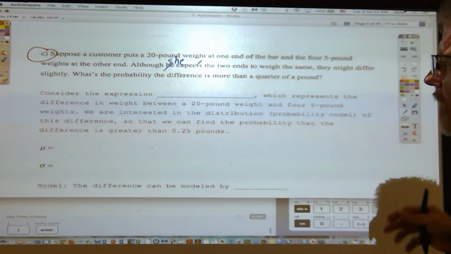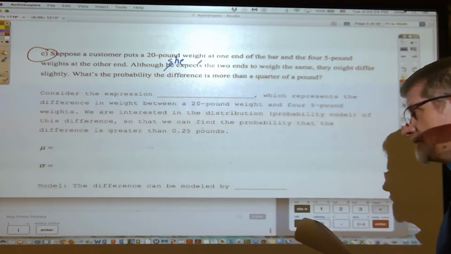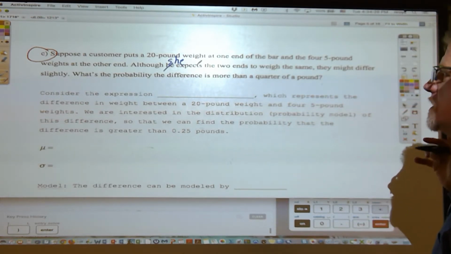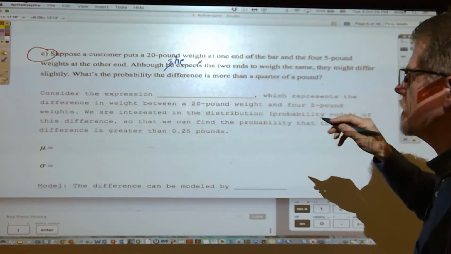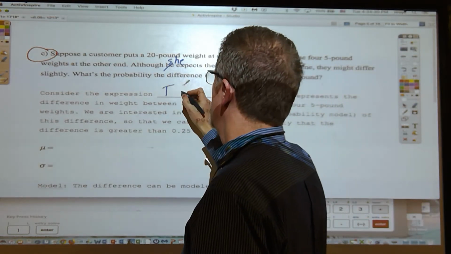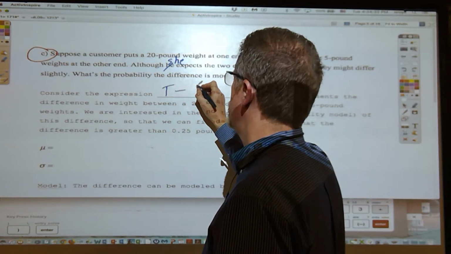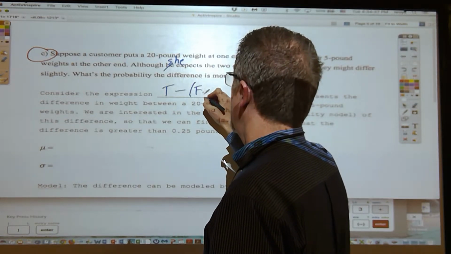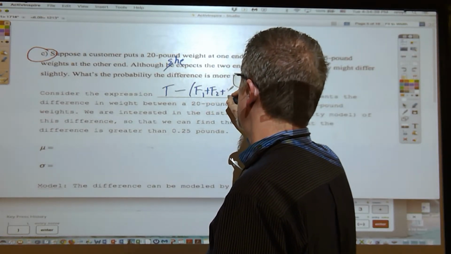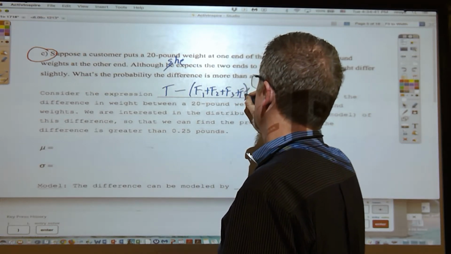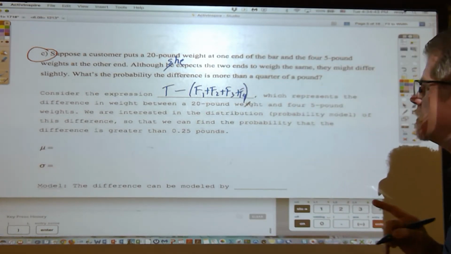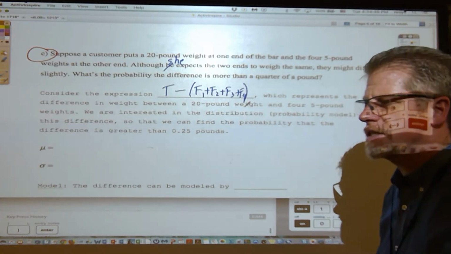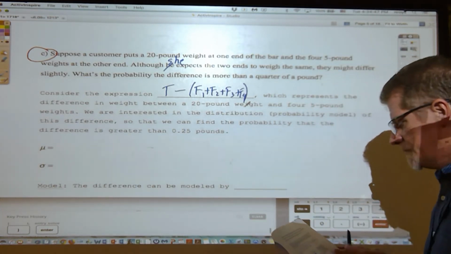So 4 on one side, and what's the difference between them? A 20-pound weight on one side, and then what's the difference between a 20-pound weight and F1 plus F2 plus F3 plus F4? That's the model we're looking at. But remember, variances add even when we subtract.